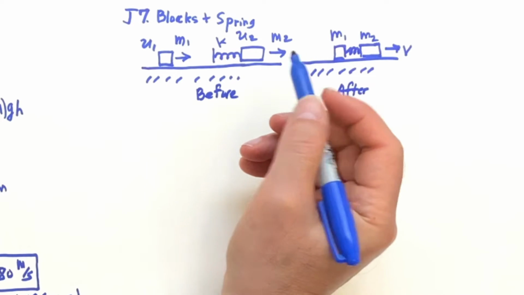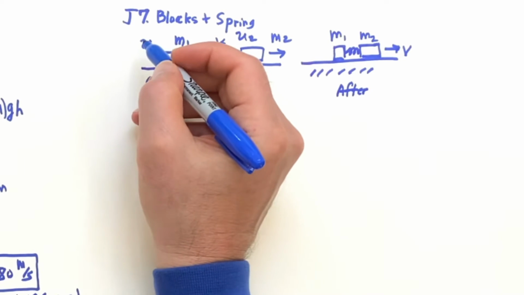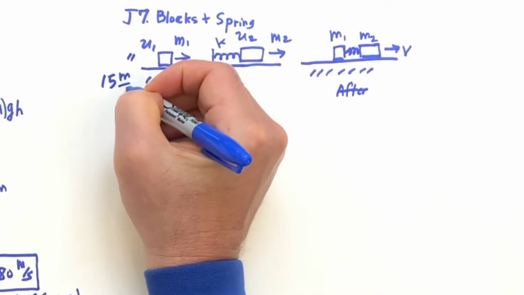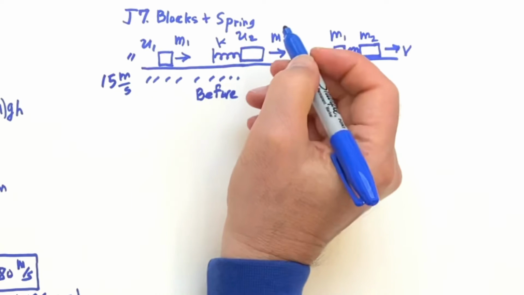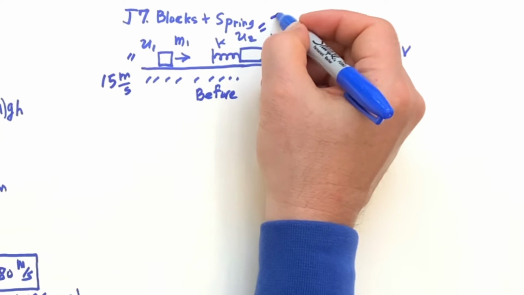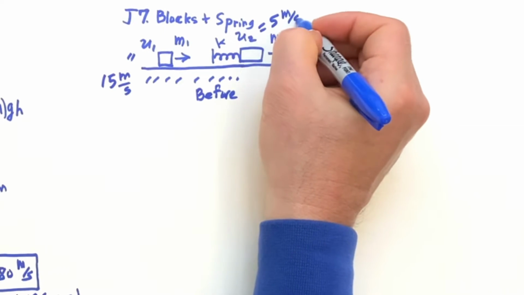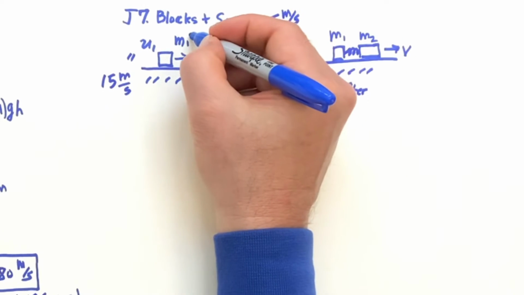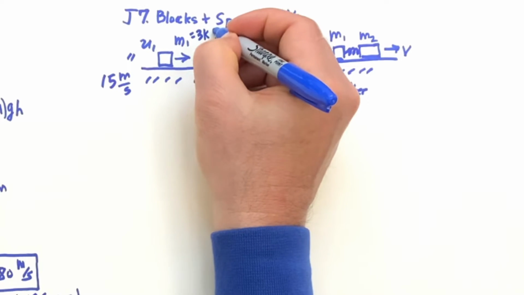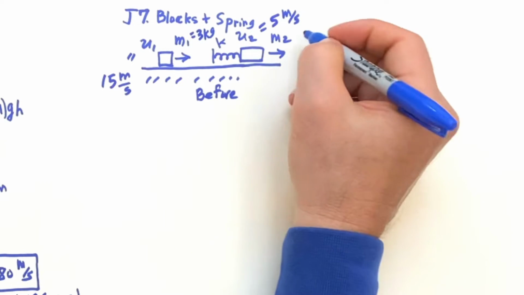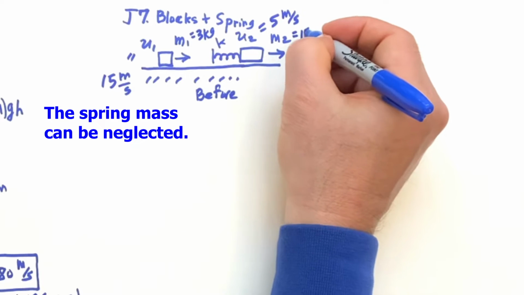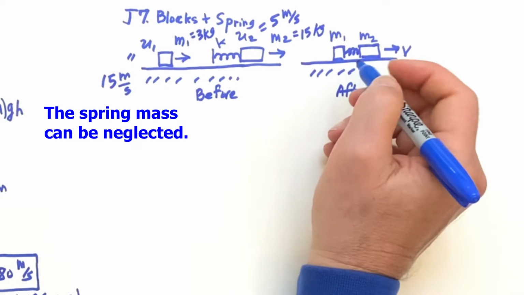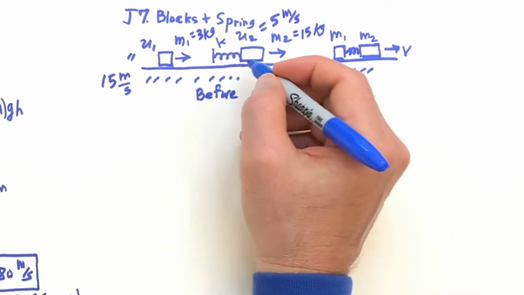And we're giving values. We're given that u1 is 15 meters per second. We're given u2 is 5 meters per second. We're given that m1, this mass 1, is 3 kilograms. And we're given that mass 2 is 15 kilograms. And we're given the spring constant K in here.